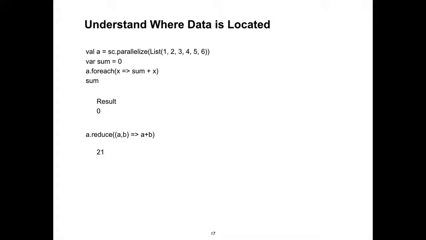Now, if we call reduce, that works for 2 reasons. One is I'm not using sum. I'm just saying A and B. Those are arguments to the function that reduce is using, so I'm not accessing global data.